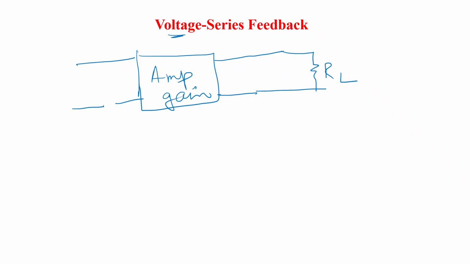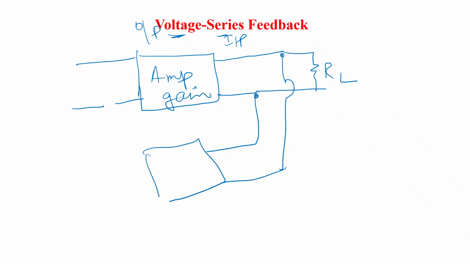The first term, voltage, tells the output connection and the series tells the input connection. Voltage parameters are always connected in parallel, so a parallel connection is made in the output section. It is fed back to the feedback section, and the input has a series connection.